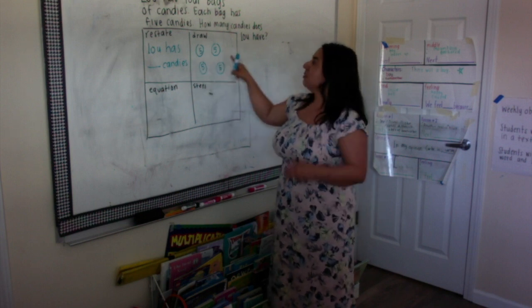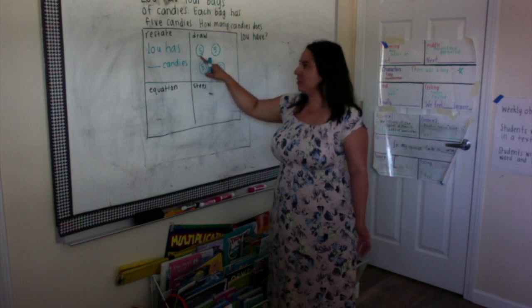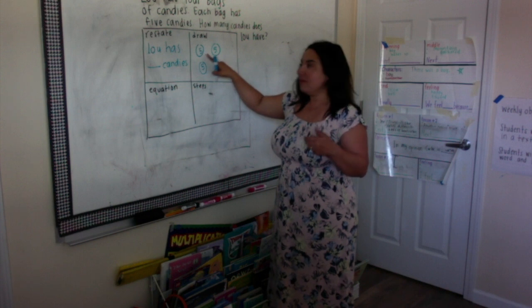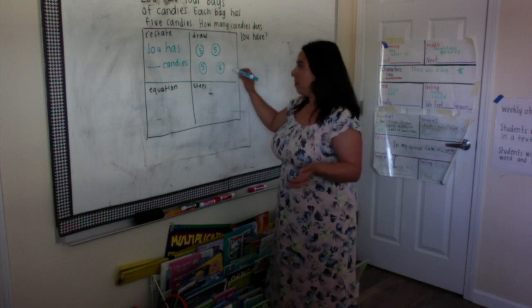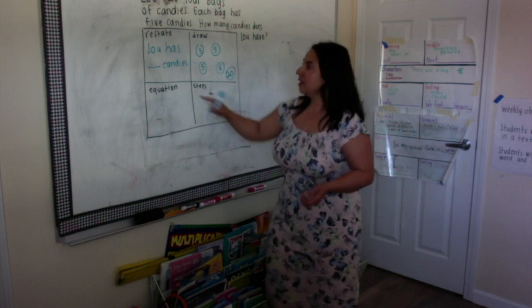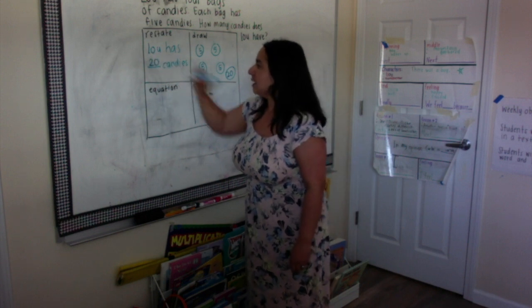So the first thing we want to do is count by 5s, because we have 4 groups of 5. 5, 10, 15, 20 candies. Lou, you better share. So we can answer our question right here, right? We can put the number 20.